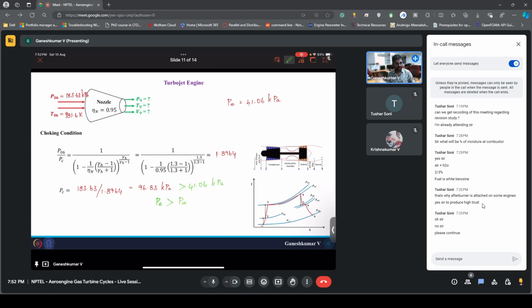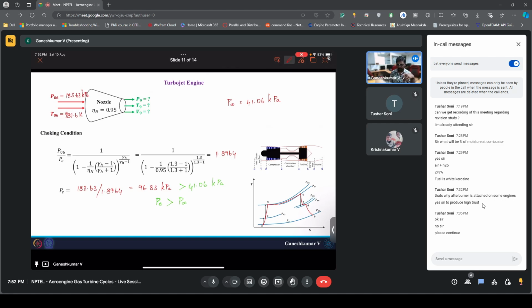So does that mean it is choked or unchoked? If PC is greater than P infinity, is it choked or unchoked?